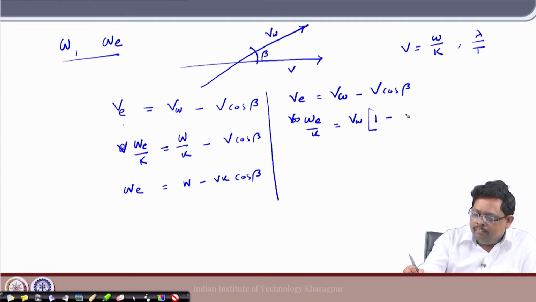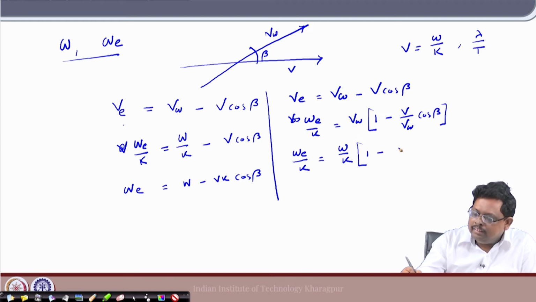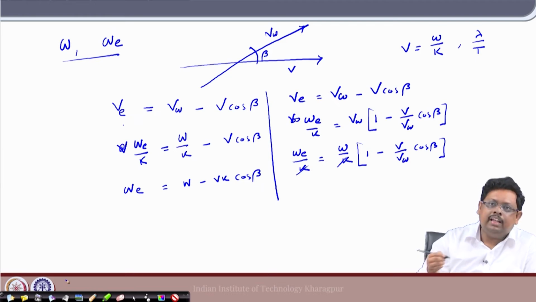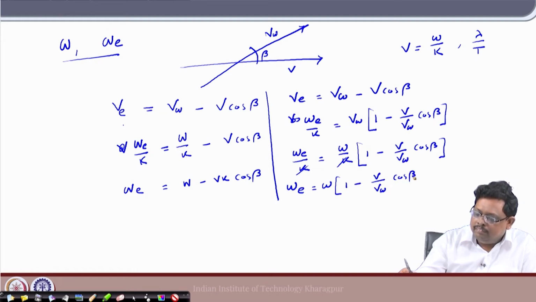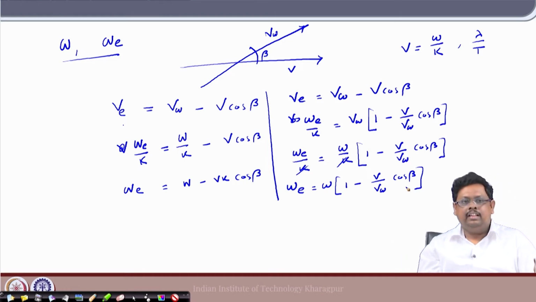So, I get 1 minus v by v omega into cos beta, and then omega e by k is equal to omega by k into 1 minus v by v omega into cos beta. So, I can cancel k and get another expression: omega e equal to omega into 1 minus v by v omega into cos beta, right. You can take anything.